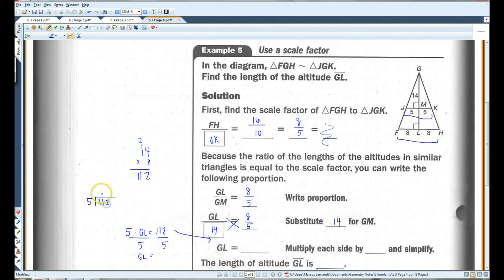Okay. I'll divide by 5. 5 goes into 11 twice. Goes into 12 twice also. 22.4. Okay.